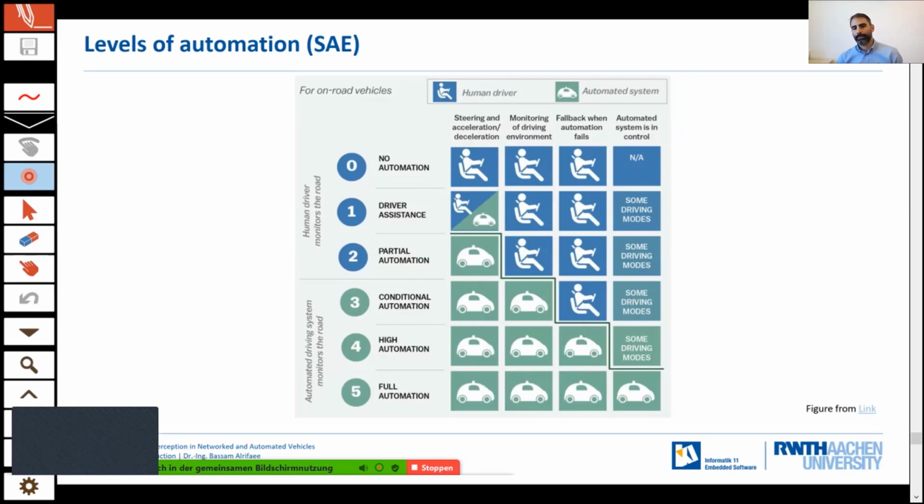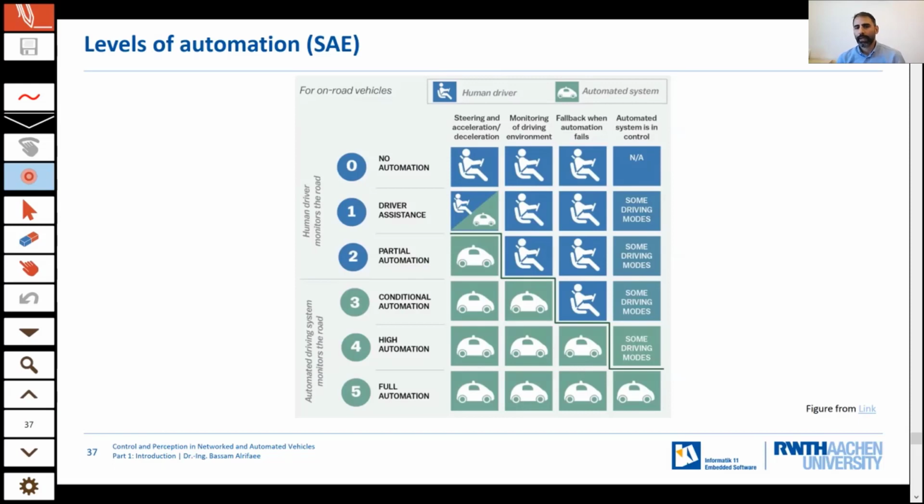So the vehicle takes care of the speed relative to the car up front and also keeps the lane. This is what we have nowadays in modern cars. So if you take some more euros in hand and buy a more expensive car, you would get this system in the car, and on the highway you don't have to do anything.